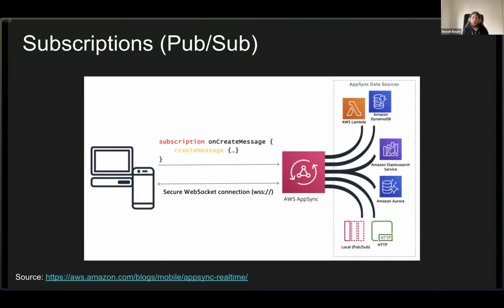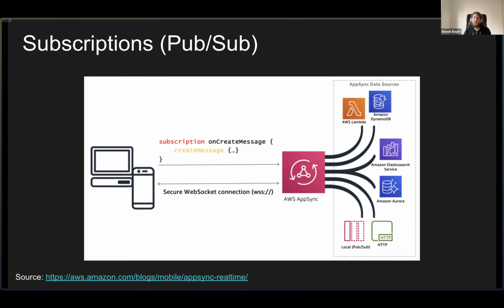Now, back to subscriptions. I think we've described a bit what subscriptions are. So essentially, it's a pub-sub connectivity, a real-time notification that you can establish with the backend. And the way you will use this most often is that you have some clients that are interested in some changes that happen in the backend or happen due to the actions that other users take.